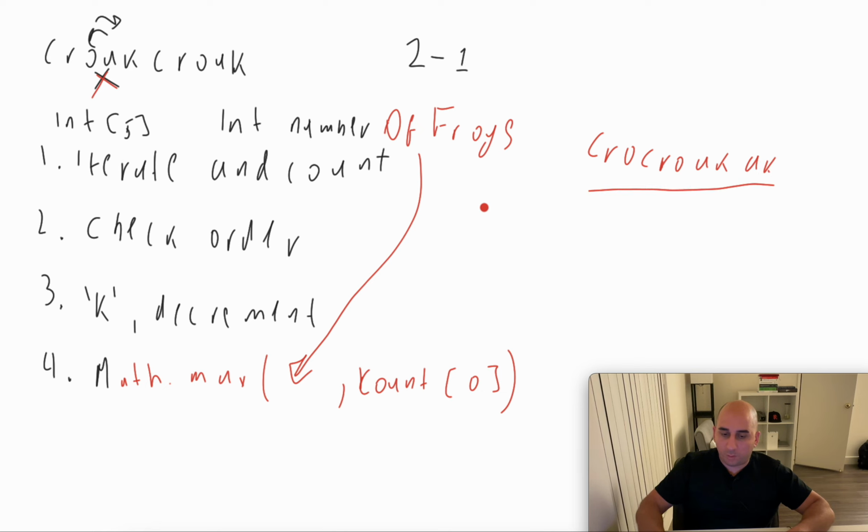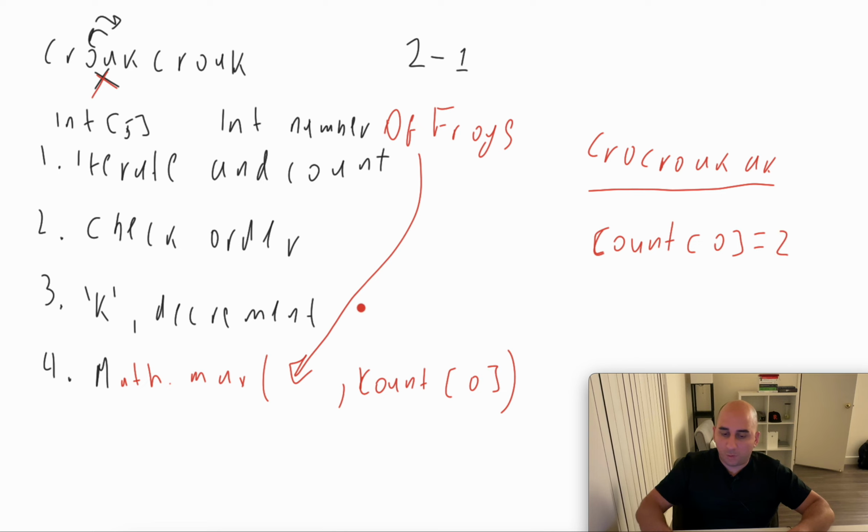So we are iterating over our array, over our string. And at the time, the value of C, right? The value of C is the count for C, count for 0, which means that for the C it is equal to 2.